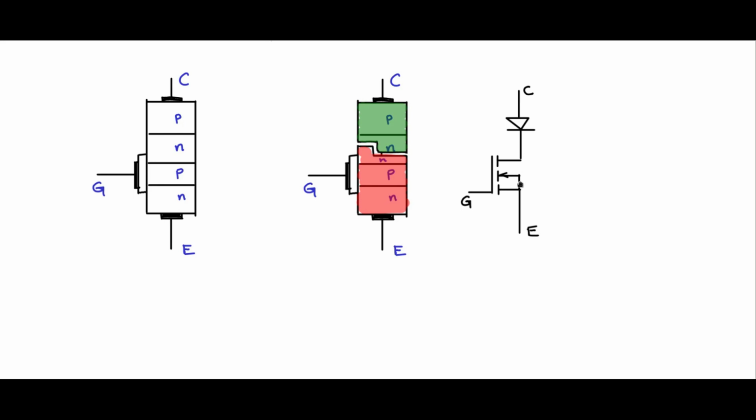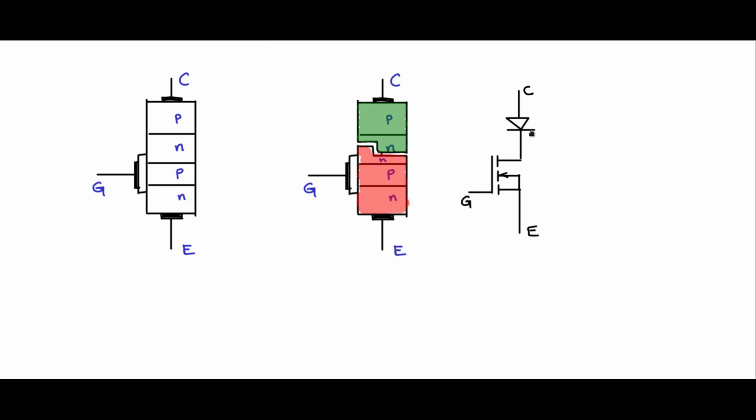So from this you see the operation is very similar to that of the MOSFET. It is voltage controlled, has very high input impedance, and has all the behaviors like the MOSFET. There is one added feature. You see that in the case of the MOSFET, there is an internal body diode which is coming anti-parallel with the drain and the source. But in the case of the IGBT, there is a diode which is coming in series with the collector, and this has the feature where this device can block forward voltages when the gate is 0, and it can also block reverse voltage.